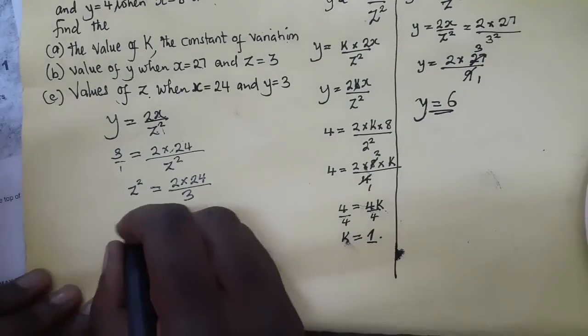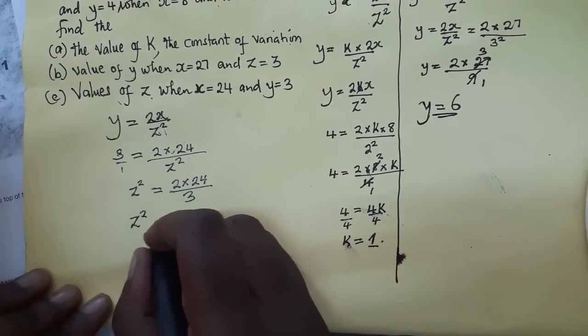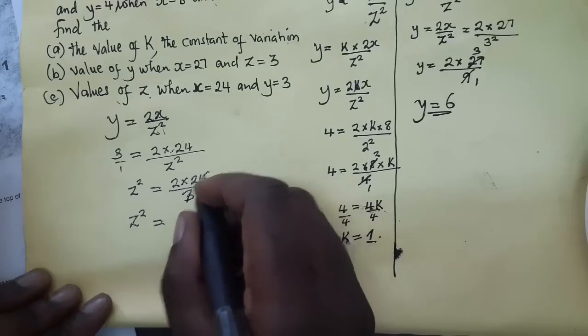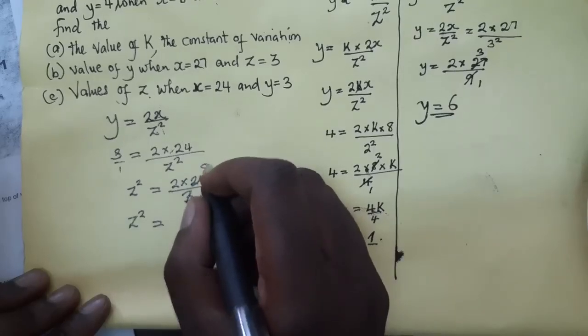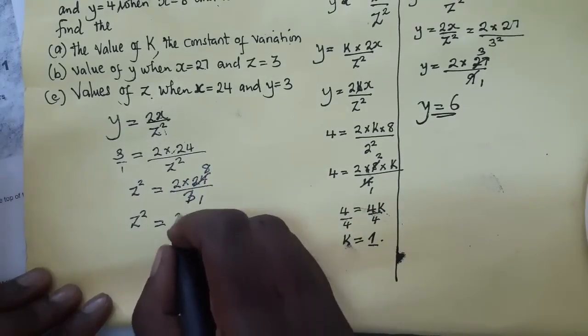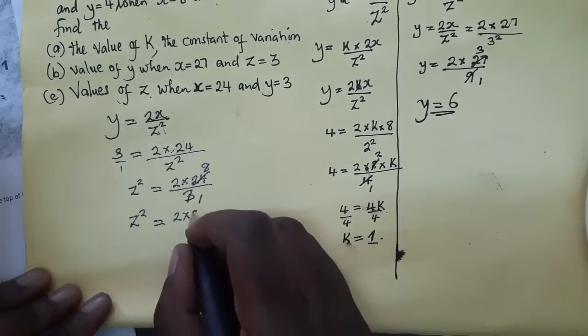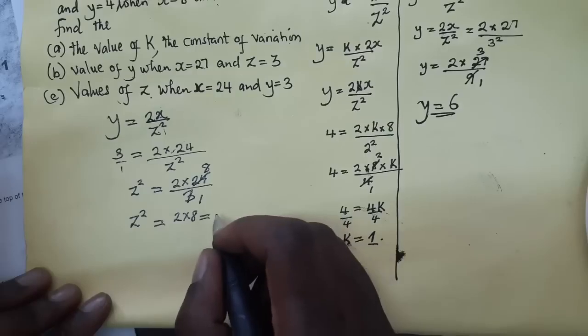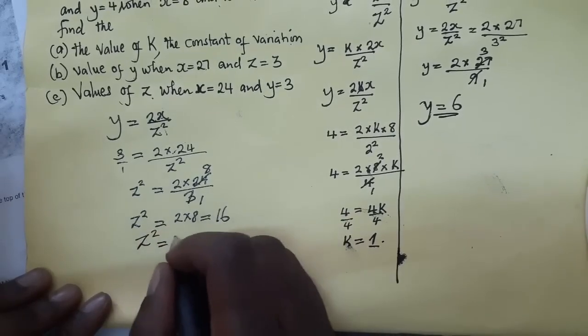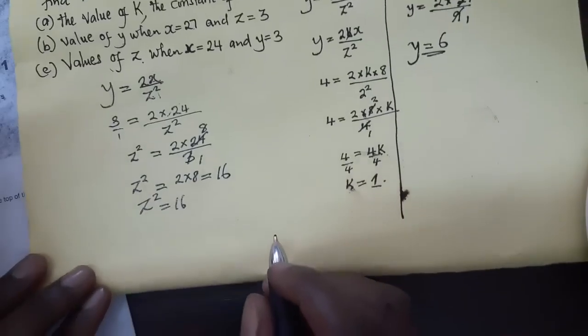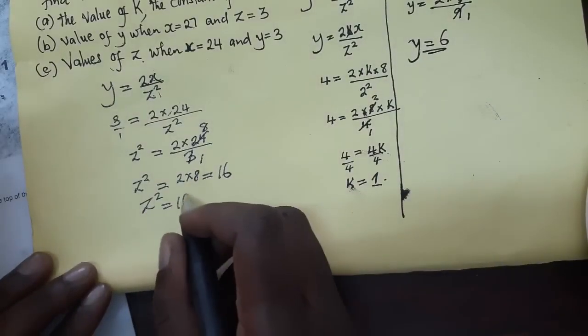So I go down, say z squared is equals to 3 here, 1. 3 here, what do we get? 8. Okay, so we have 2 multiplied by 8, which is equals to 16. So z squared is equals to 16. Now we want to find the value of z.